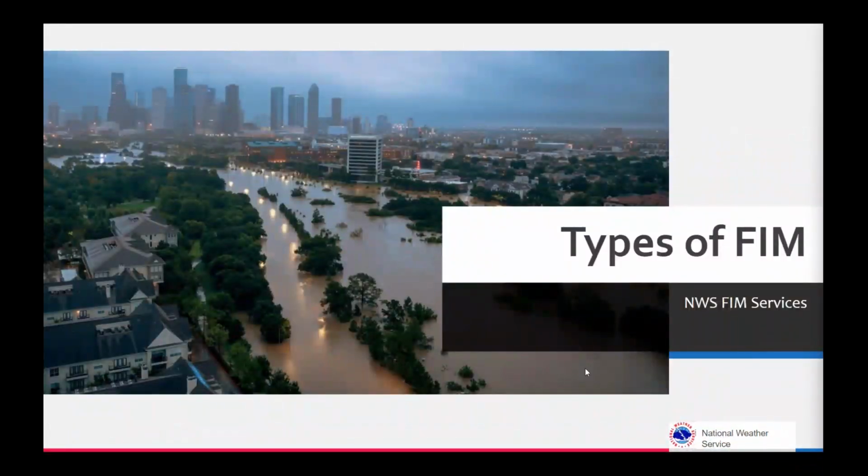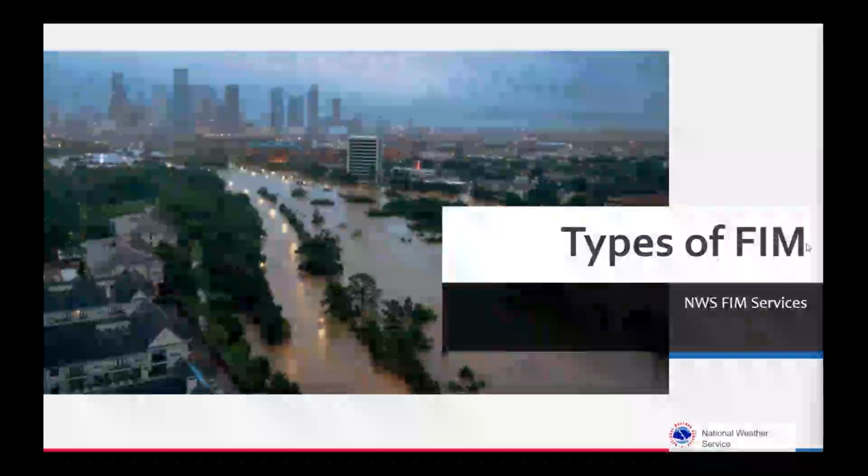Now I want to touch a little bit on the different types of FIM. So FIM's not new. Inundation mapping has been developed by partners for many years, some of which we at the National Weather Service have worked directly with partners, which have then published these maps on our AHPS pages. However, the National Weather Service is now creating our own flavor of inundation maps using the National Water Model.